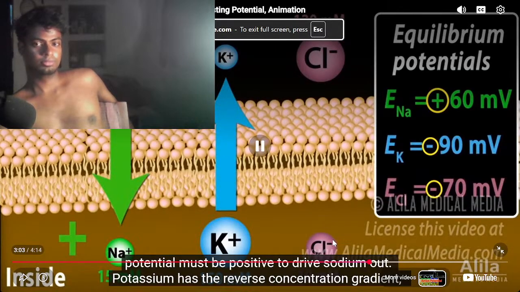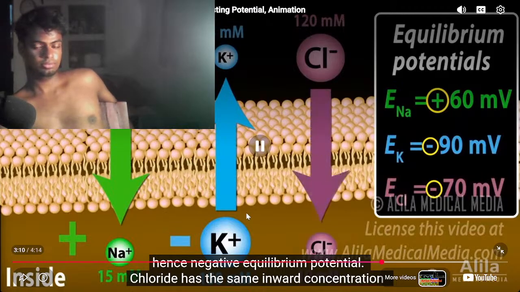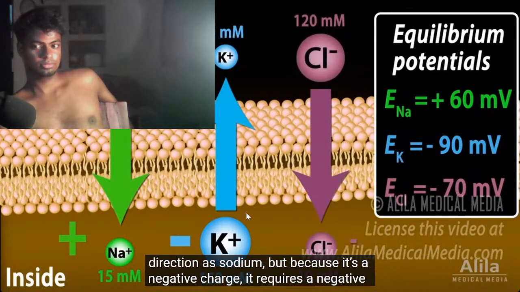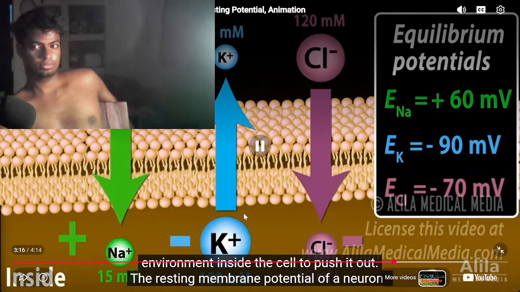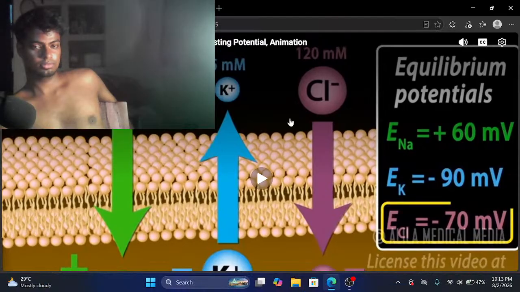Potassium has the reverse concentration gradient, hence a negative equilibrium potential. Chloride has the same inward concentration direction as sodium, but because it's a negative charge, it requires a negative environment inside the cell to push it out. The resting membrane potential of a neuron is about negative 70 millivolts. Notice that only chloride has the equilibrium.